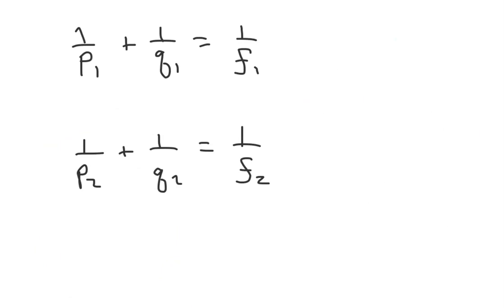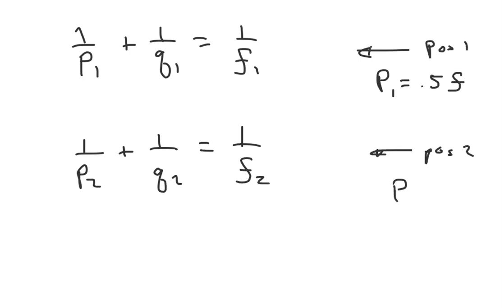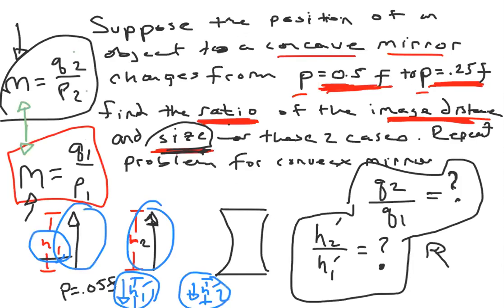This is the first position. It's the same mirror, but this is position 1 and this is position 2, right? This is essentially where P, I should write it, right? He said P1 is equal to 0.5F for this top one, and then P2 is equal to 0.25F. Okay.